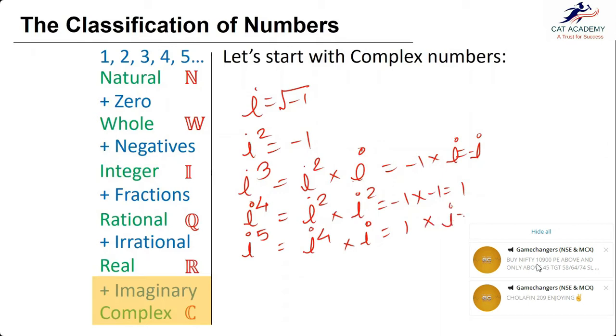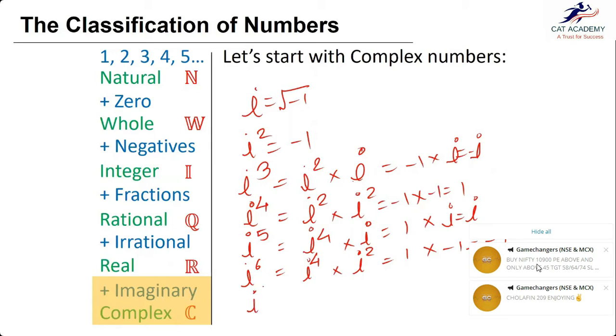So 1 into i will become i. i raised to 6 is i raised to 4 into i square, that is 1 into i square, which is minus 1.